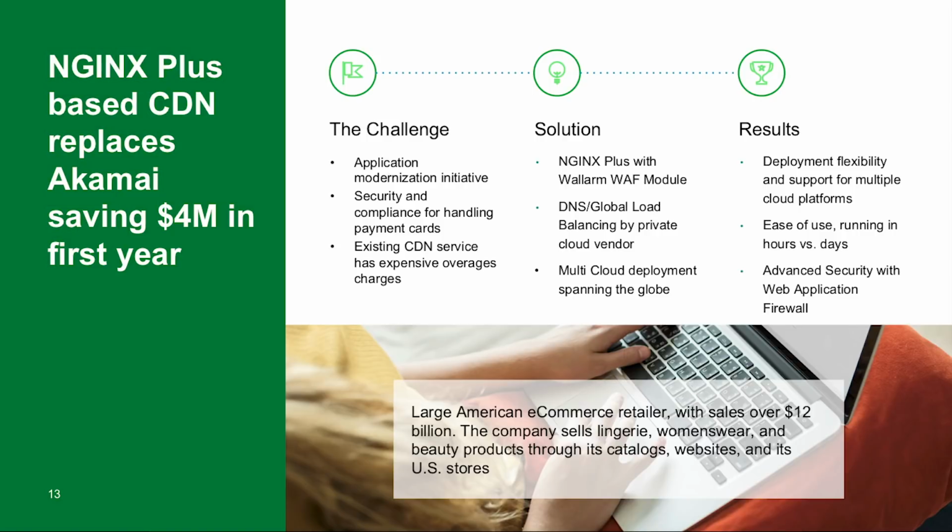One of our large customers, who I can't name, actually replaced Akamai, their CDN provider, with an NGINX Plus based CDN service that they stood up by themselves and run and operate independently. And in doing so, they saved over $4 million in the first year.